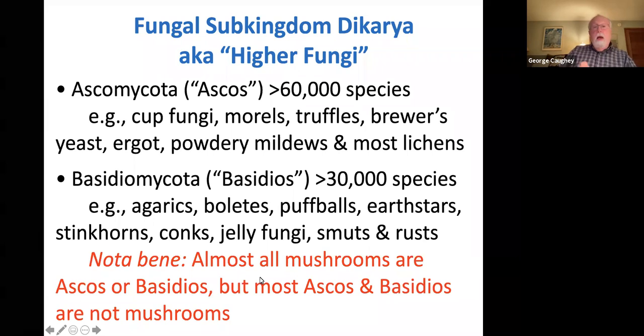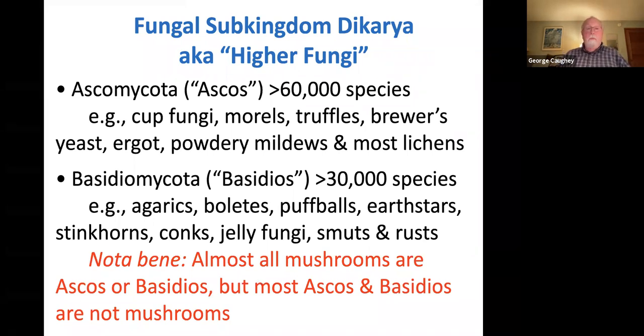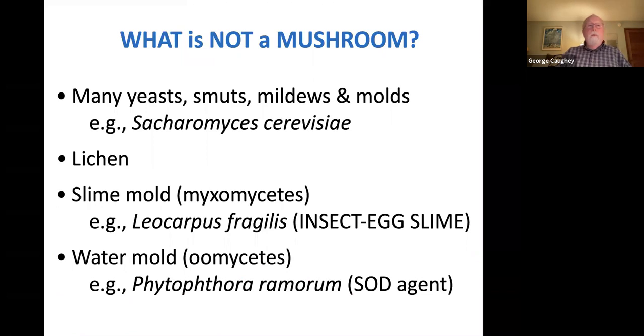Anyway, my bottom line here is that almost all mushrooms are ascos or basidios, but most ascos and basidios are not mushrooms. Again, stressing that there's a universe of fungi out there, a small subset of which form what we recognize as mushrooms. All right, so what is not a mushroom?